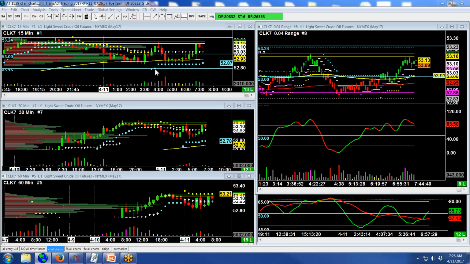So I will put the super trend stop on these higher time frames and the 90 and 200 EMA, because on the higher time frames, those will generally act as support and resistance, even if it's just temporarily. Here, for example, on the 15-minute chart, you can see the 90 EMA here.